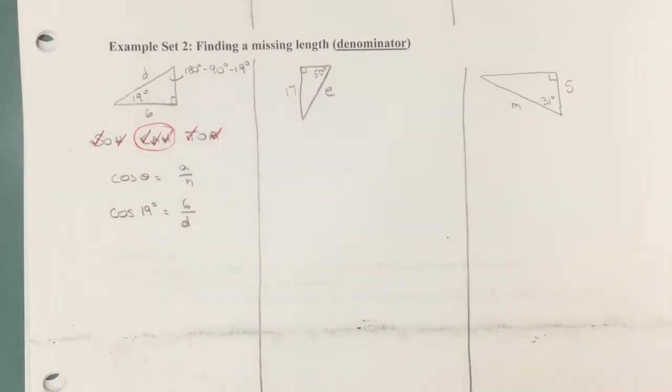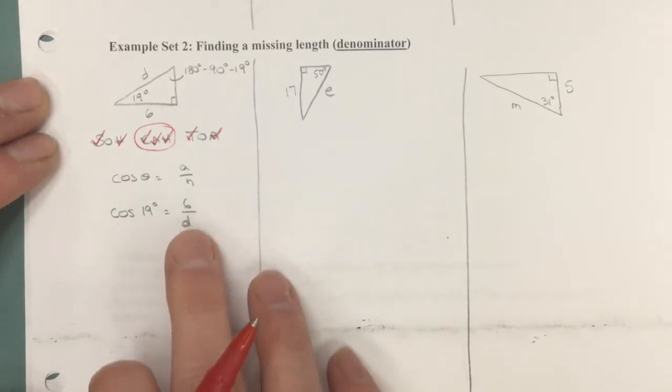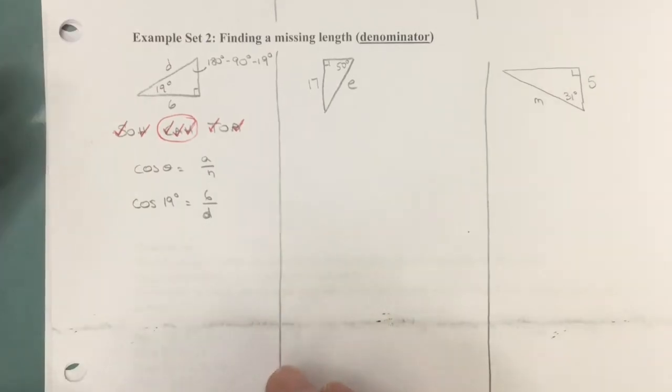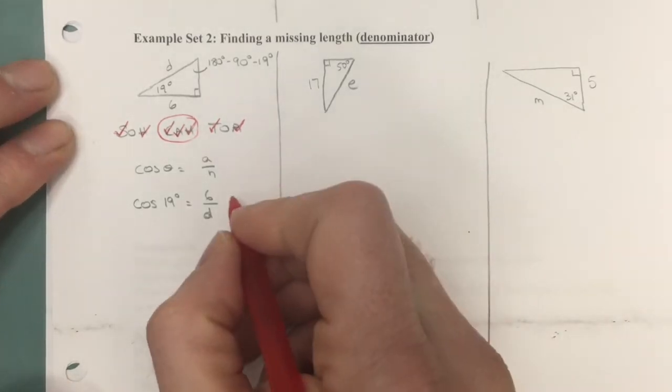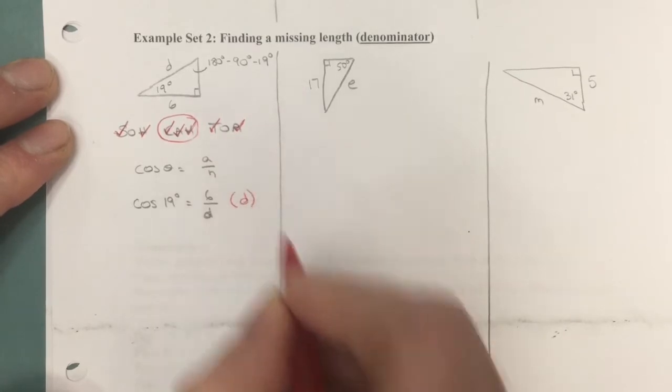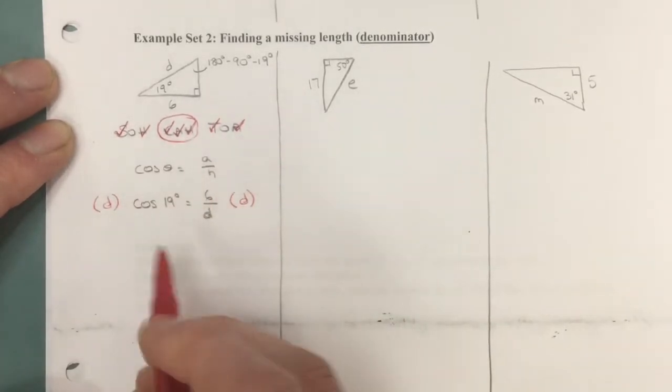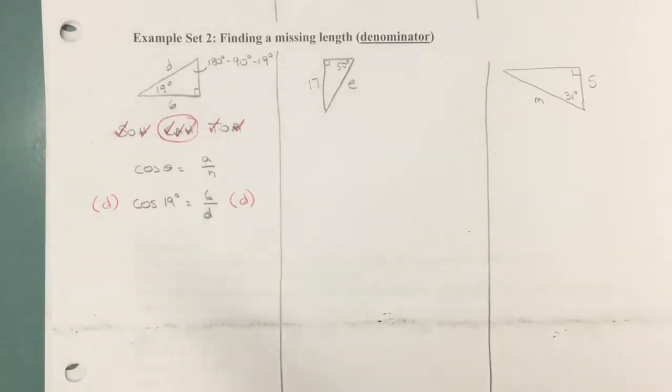So to find out what our D value is, what we will need to do is multiply both sides by the D value. Remember, when you solve for an equation, you always have to get rid of the denominator by multiplying by the denominator. And in our case, that denominator is just a missing value. But for the process, that shouldn't change a thing.